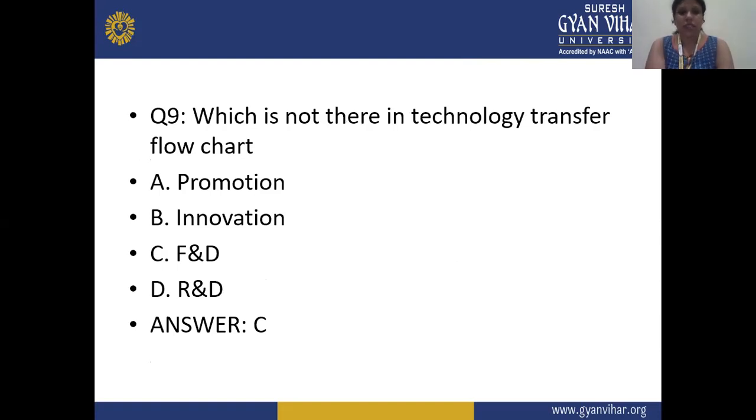Next question is, which is not there in technology transfer flow chart? We have discussed in our last lecture actually this related to the technology transfer flow chart. So in this promotion, innovation, F&D and R&D, so answer D is correct. That is, F&D is not there in the flow chart. We have discussed a circular flow chart related to the technology transfer.